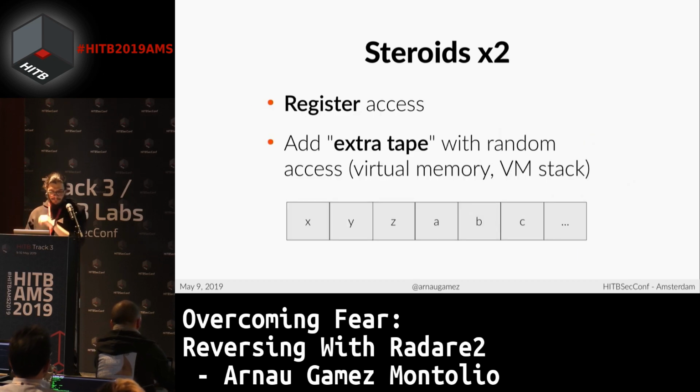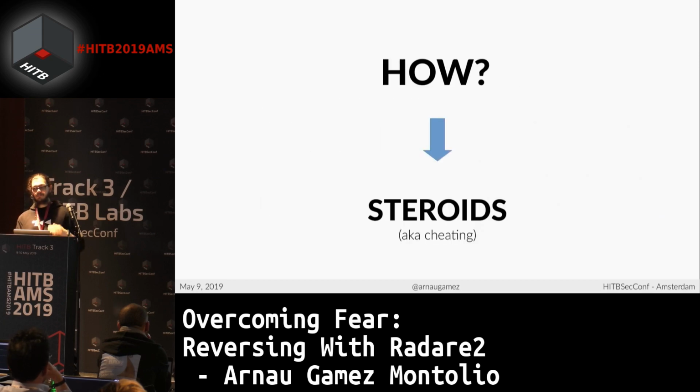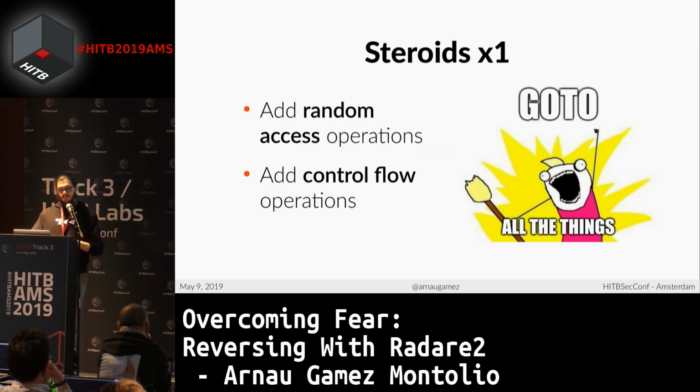This is part 1, and part 2 is, okay, let's add register access, and let's add an extra tape with random access that will be a virtual memory, a stack for virtual memory to work with while emulating. So that's it. The asteroids that are added to the pushdown machine give us random access operations, control flow operations, and also another tape, which is basically a section of the memory that will be used for storing all the data we need when emulating.